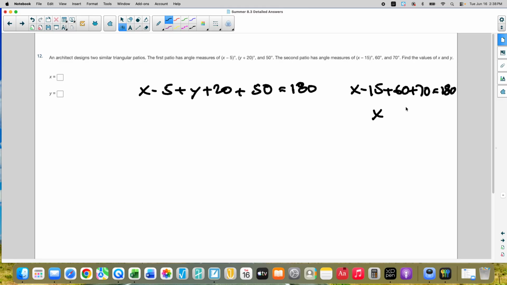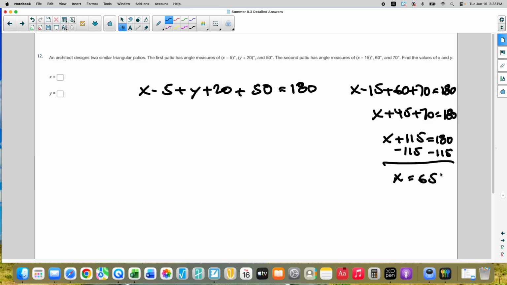So x, that's 45, plus 70 equals 180. That's x, whoa, not equals, that's plus 115 equals 180. Minus the 115 gives you x equals, that's going to be 65 degrees.